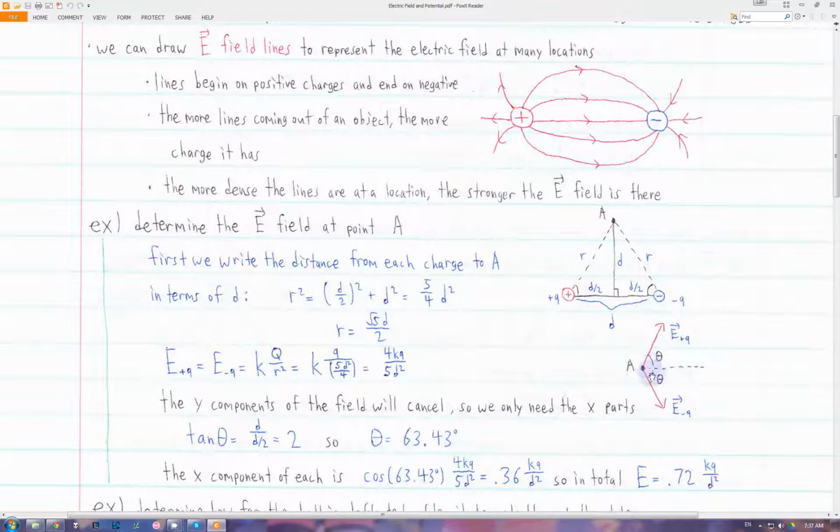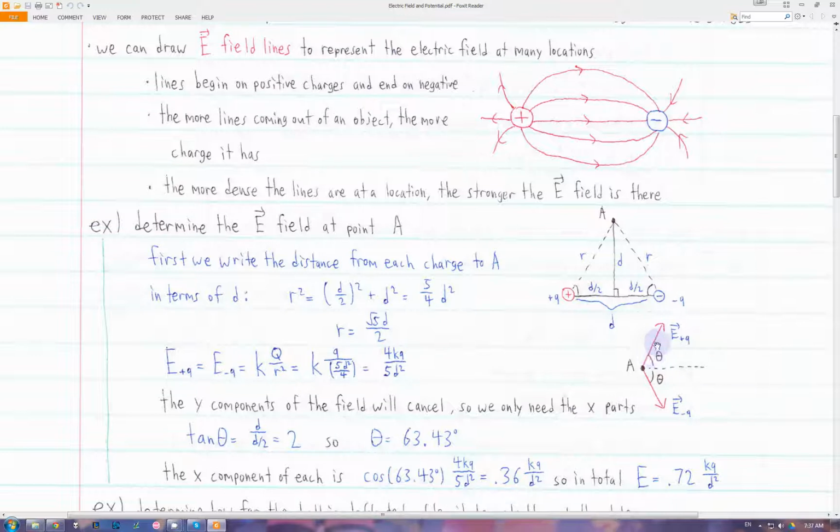So the tangent of theta, where theta here is equal to the angle over here, is D over 1/2 D, or just 2. So solving for this angle using the tangent, we get that this angle is 63.43 degrees.